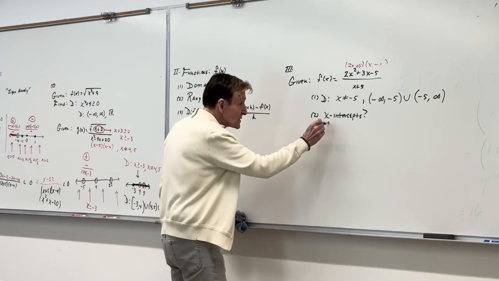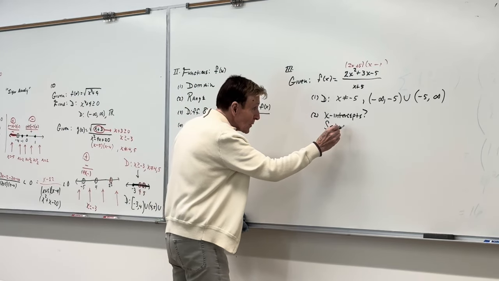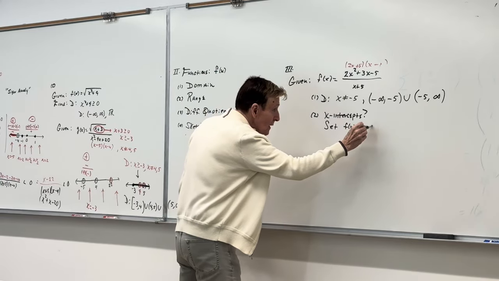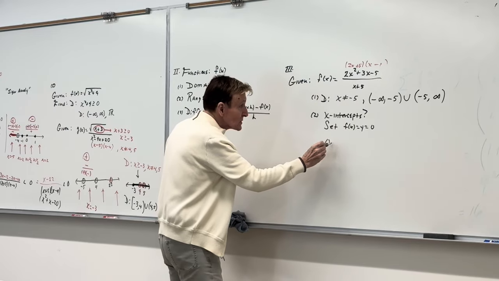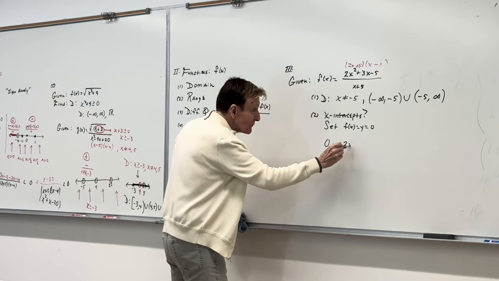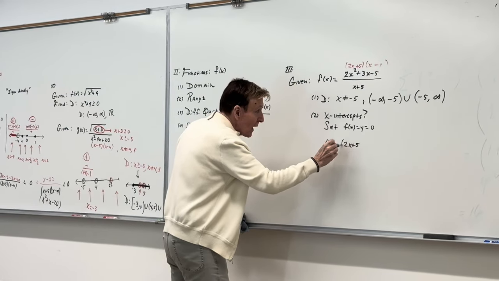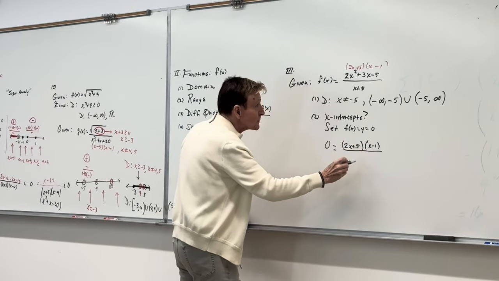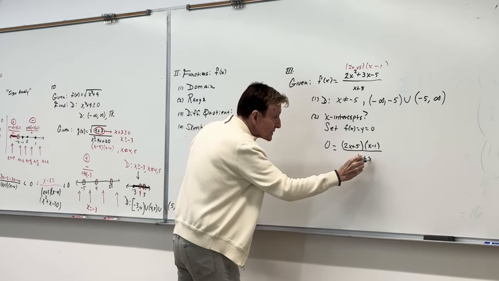So let's put right here, set y, or f of x, equal to 0. If I do that, mine looks like this. And I am going to use that factored form on top there. I think Jonathan's already given the answer to me. But this is the process always.